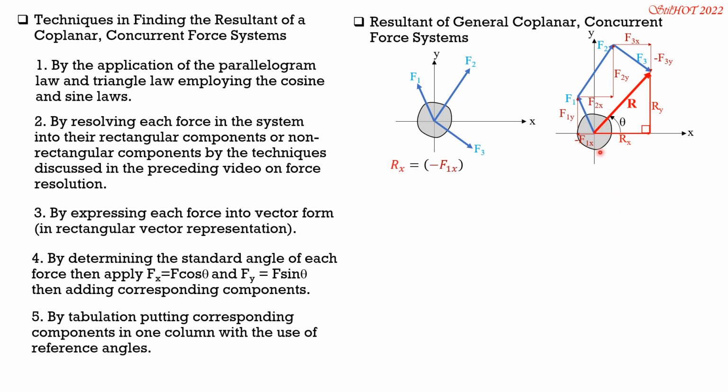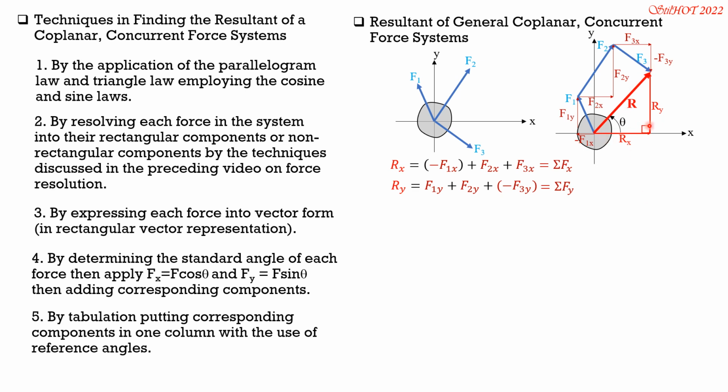So Rx is the sum of the x components of the forces, negative F1x plus F2x plus F3x, or simply summation of forces along x. Ry, on the other hand, is F1y plus F2y plus quantity negative F3y, or simply Ry is the sum of all components of the forces in the system along y.